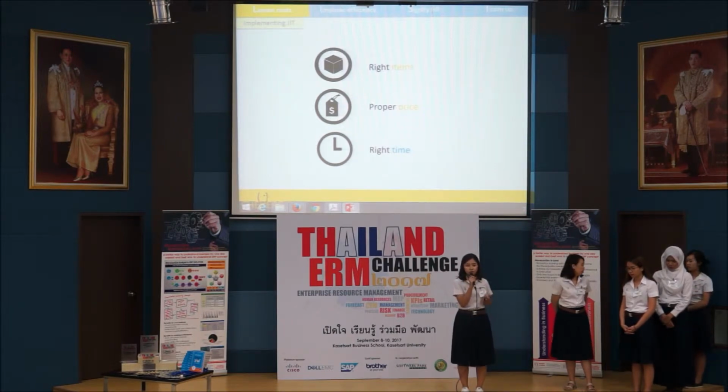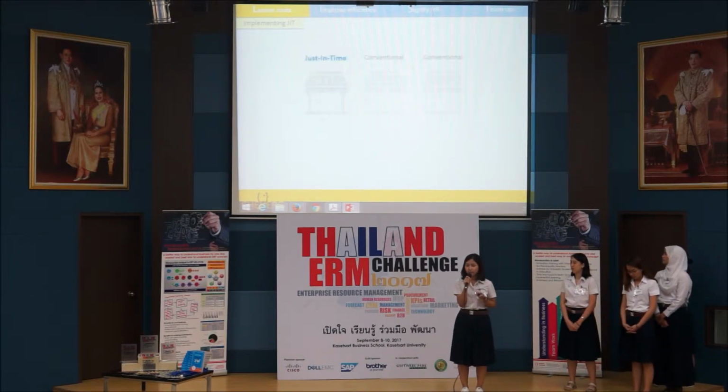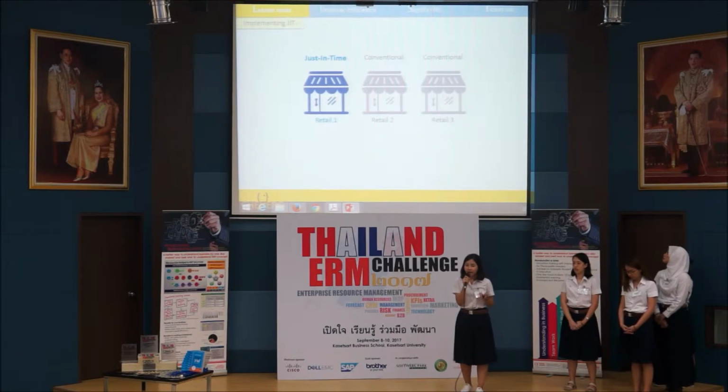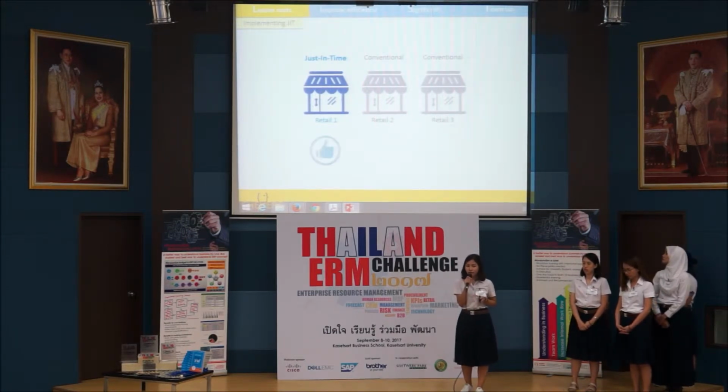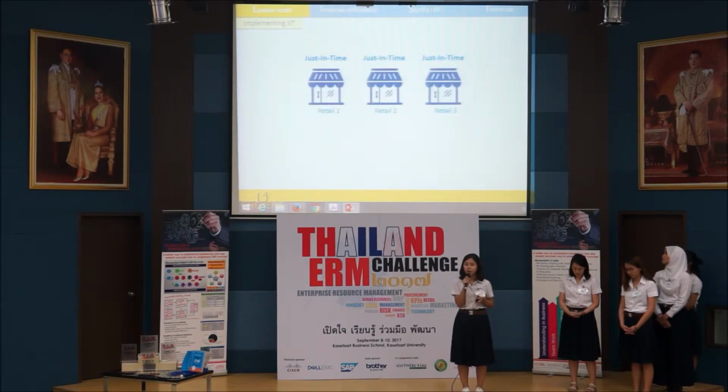From this information, we decided to adopt the just-in-time purchasing system with some branches, and we found that it worked. So we use the just-in-time purchasing system with every branch in the last part of the game.